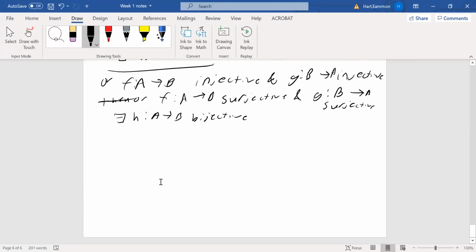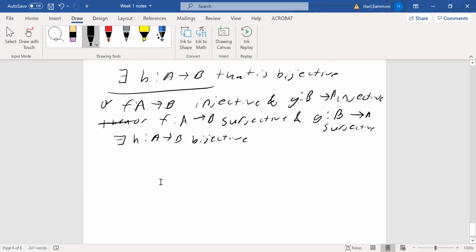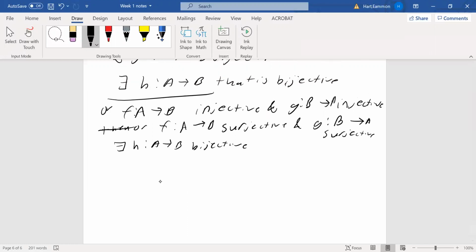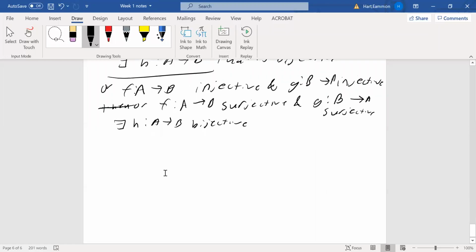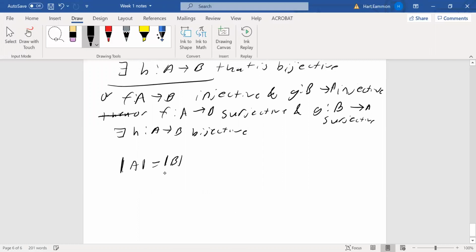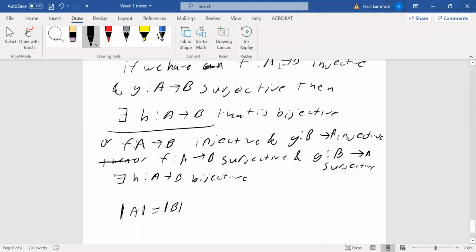But I just want to make sure that this makes intuitive sense for you guys, because if there's a bijective map, that means that the cardinality of A is equal to the cardinality of B. What does this first thing say? A to B is injective and A to B is surjective.